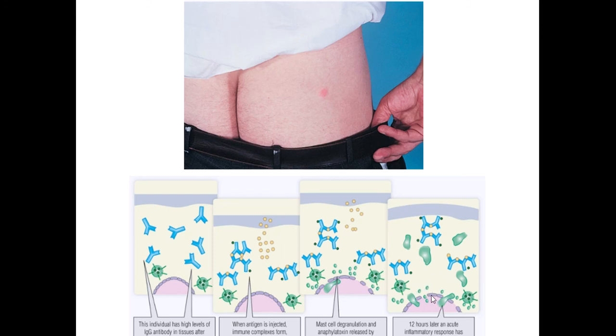And remember that it will take hours here for the Arthus reaction to take place, 2 to 3 hours, compared to minutes, as I said, with type 1. And the types of cells and antibodies are completely different from those of the anaphylactic type.